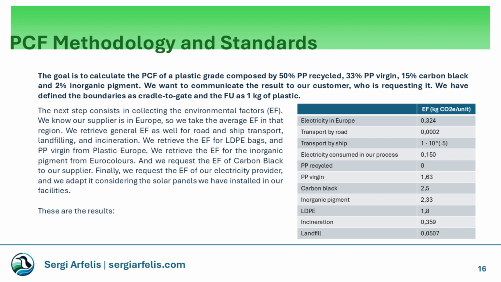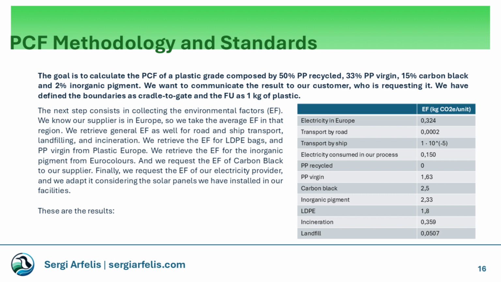The next step is to collect the environmental factors for each input and process. To measure the electricity consumed by pretreatments outside our facilities, since our suppliers are in Europe, we use the average environmental factor for the electricity in that region. To measure the electricity consumed by ourselves, we ask our electricity provider for their specific environmental factor and adjust it to account for the solar panels installed at our facilities. We also gather general environmental factors for road and ship transport, landfilling, and incineration.